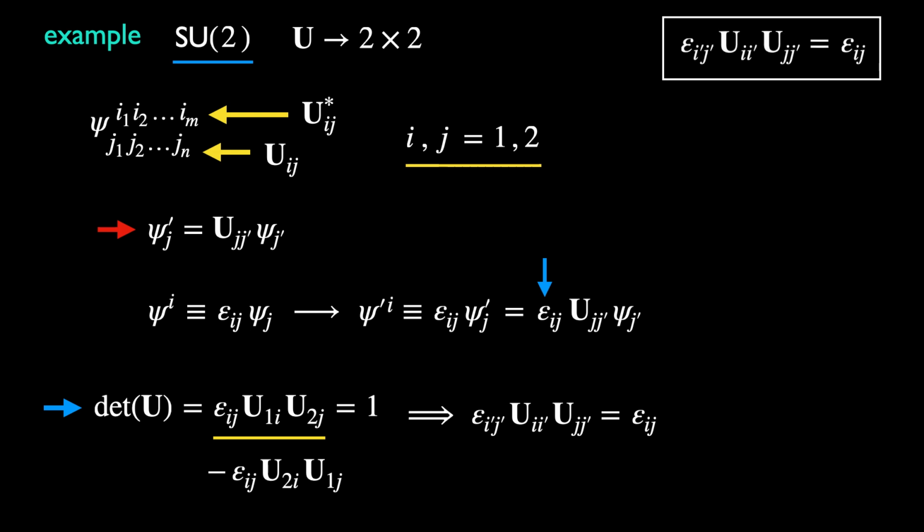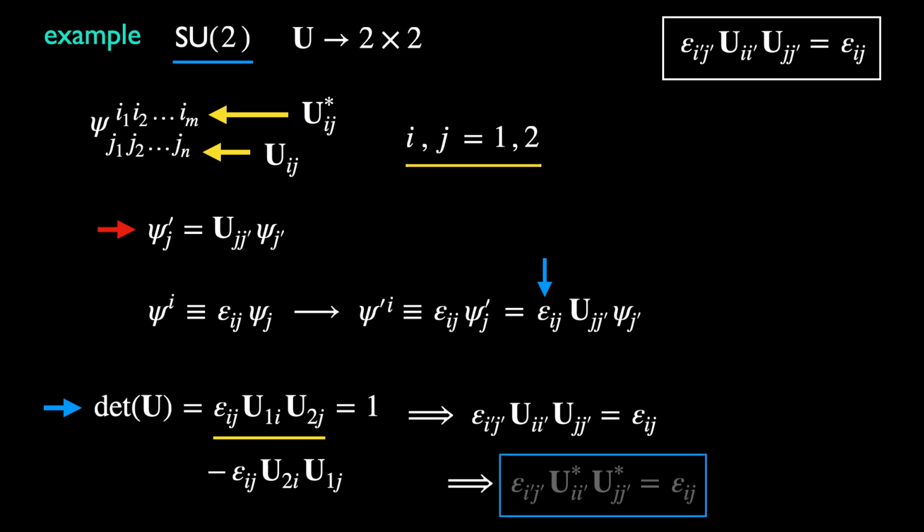The same is true for U star, since this is just the complex conjugate of the upper equation. Let's use the identity below for this epsilon.